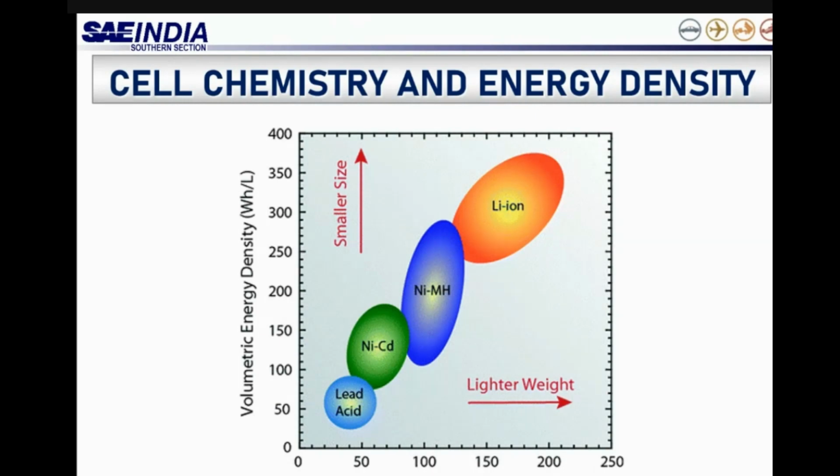I don't know if you follow the news these days, but compared to an internal combustion engine versus an electric vehicle, automotive companies are looking to reduce the weight as much as possible everywhere. You could also have noted all the electric two-wheelers that we have on the market.